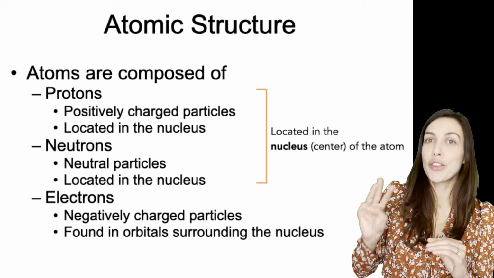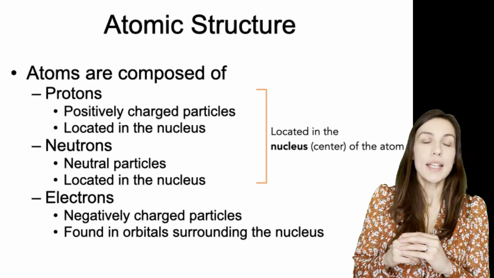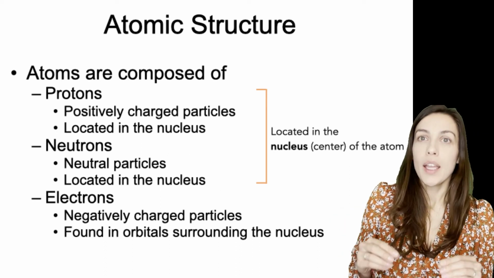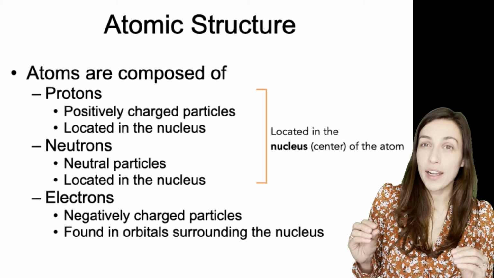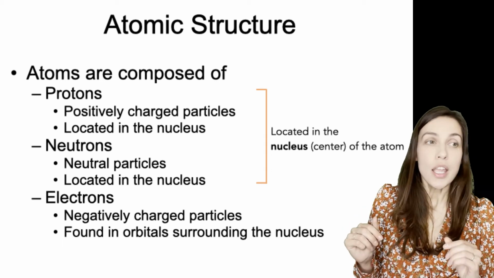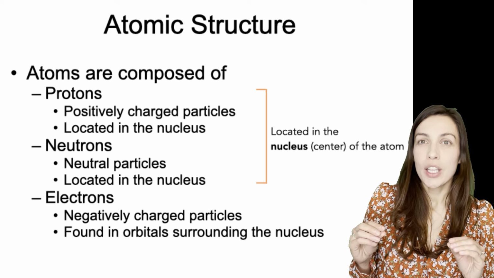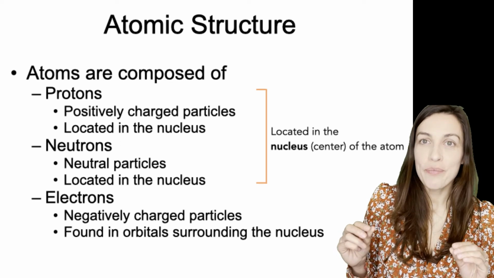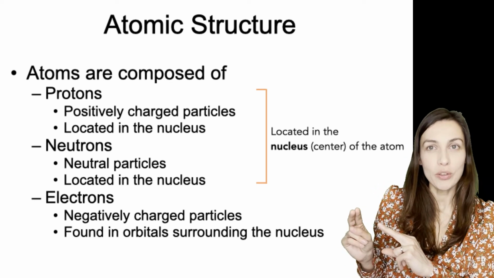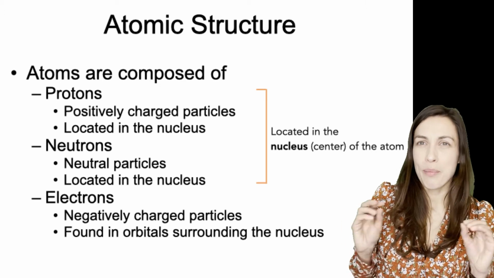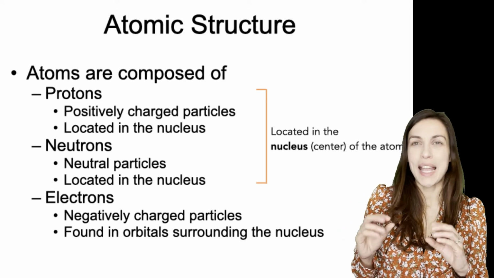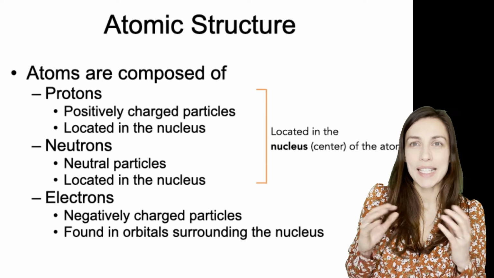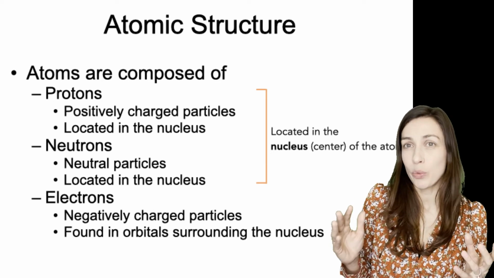Okay. The third subatomic particle is called an electron. Electrons have a very, very tiny mass, almost 1/2000th of the mass of the other particles. So we're not even going to count their mass in any sense, because it's so small that it doesn't make a difference in any of the math we're going to do.